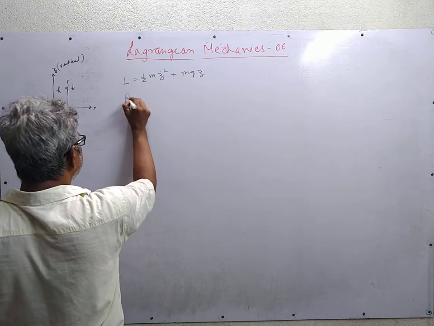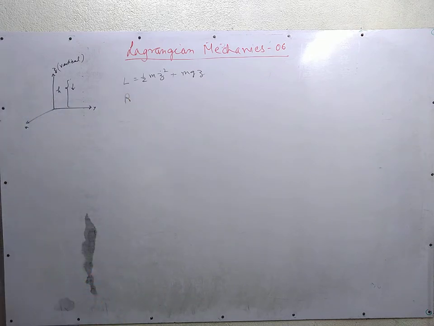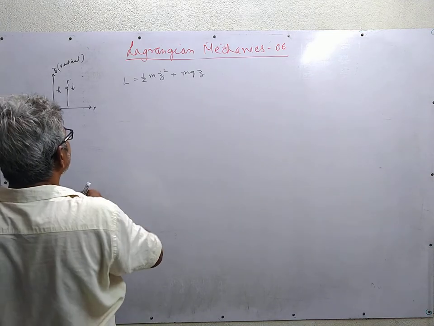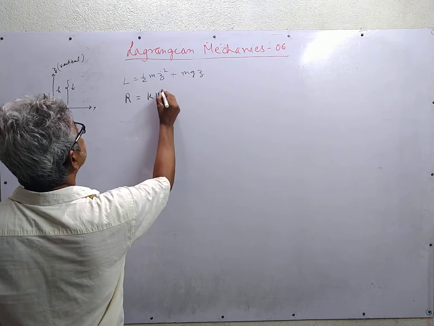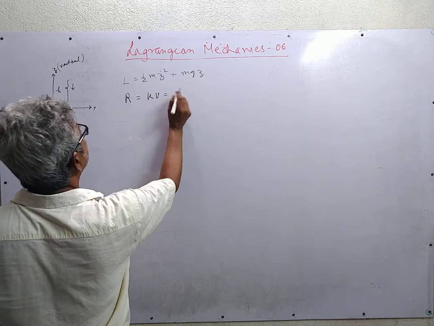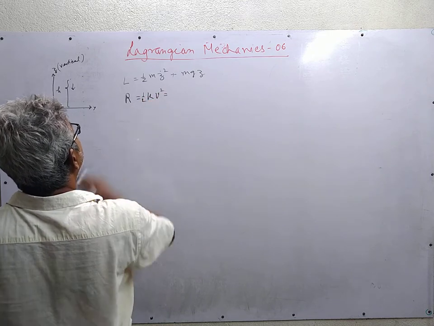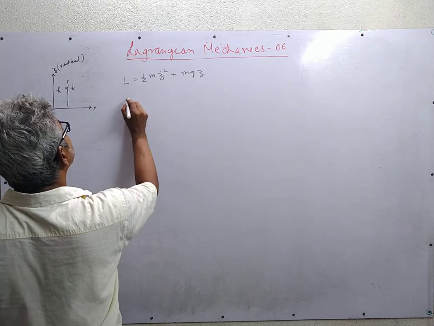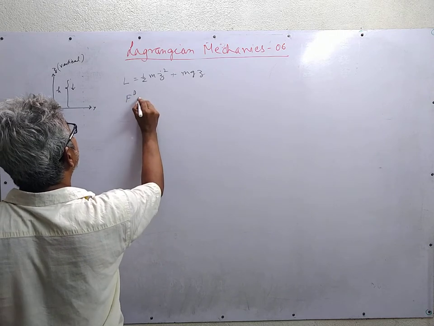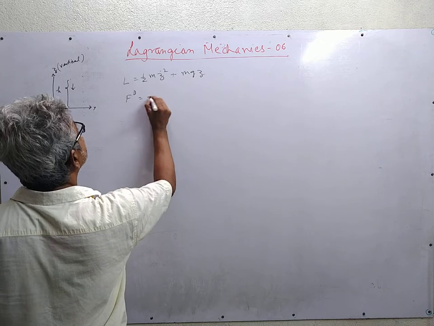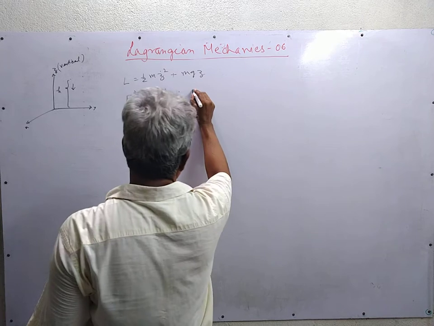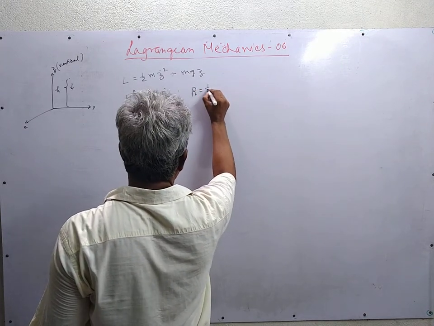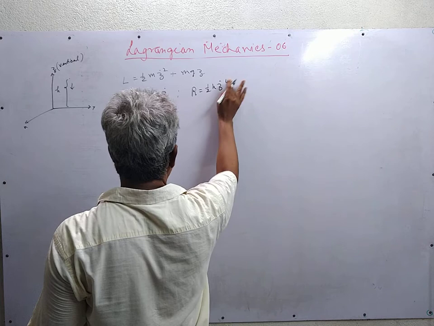And the dissipative force is taken into consideration by the Rayleigh dissipation function, which is half k v square. Actually the dissipative force acting vertically downward is k z dot, and this is taken into consideration by the Rayleigh dissipation function half k z dot square.